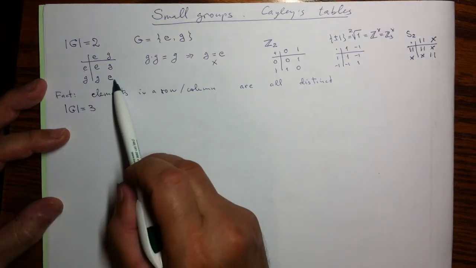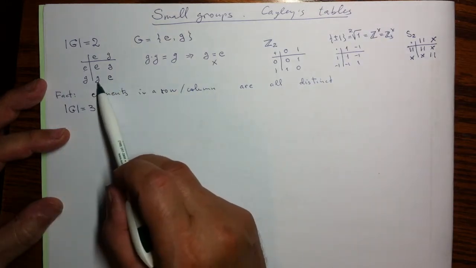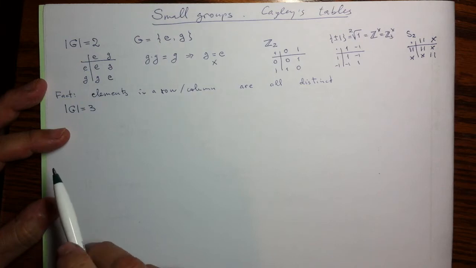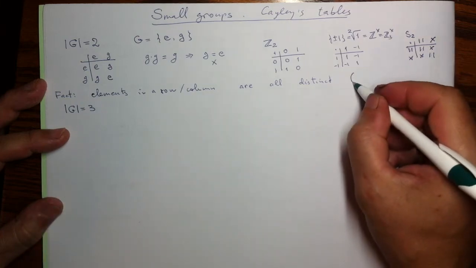That is what we effectively used here. We already had g in the second row, so we must have the identity as the second element in that row. Let's see why.